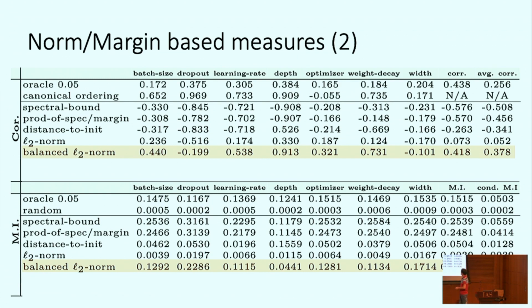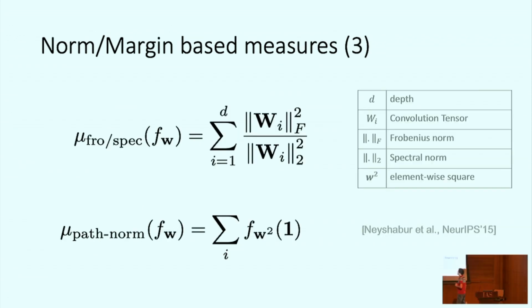Unfortunately, when we did this more principled way of looking at the numbers, which is conditional mutual information, the number dropped significantly. The mutual information was 0.13, and when we condition on a set of two hyperparameters, it suddenly reduces to 0.01. So even the balanced L2 norm does not explain.